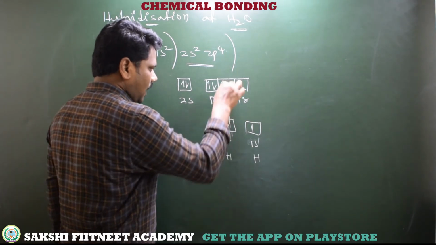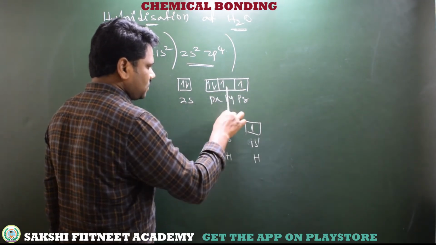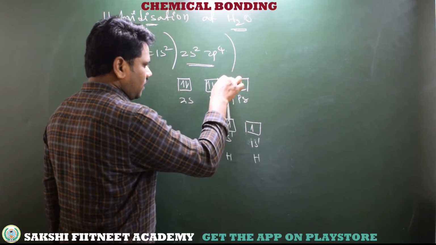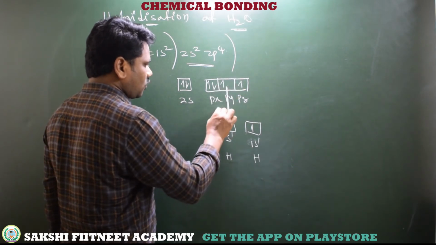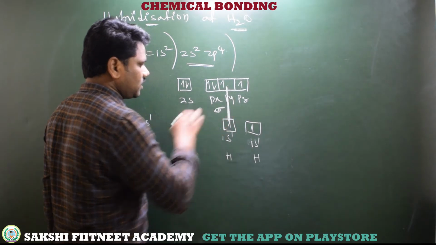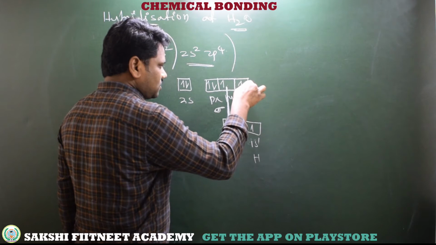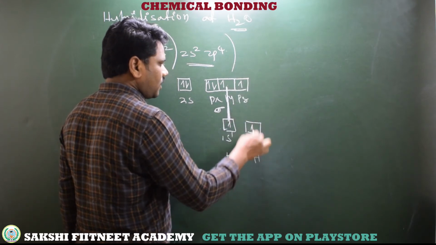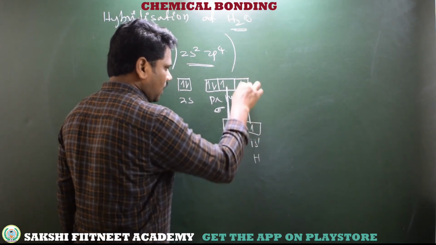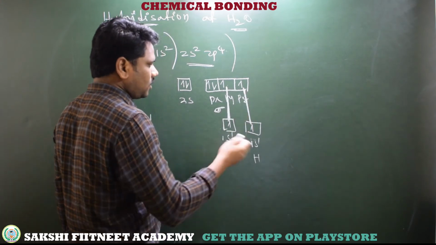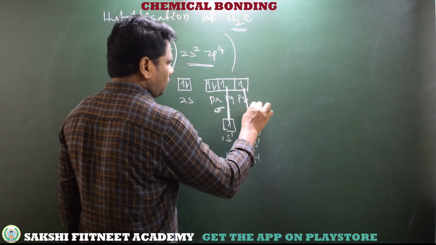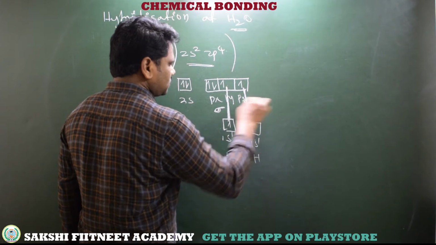Due to this, the py orbital and s orbital make a covalent bond, called a sigma bond. In the same way, the pz unpaired orbital and the s unpaired orbital overlap each other, making a covalent bond, also called a sigma bond.